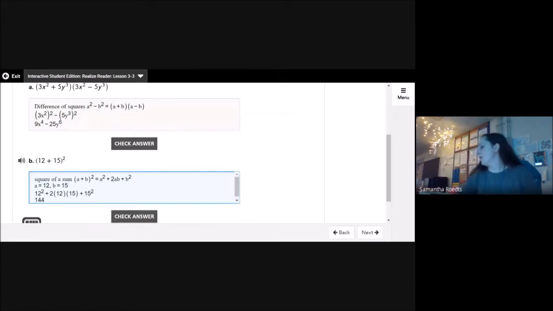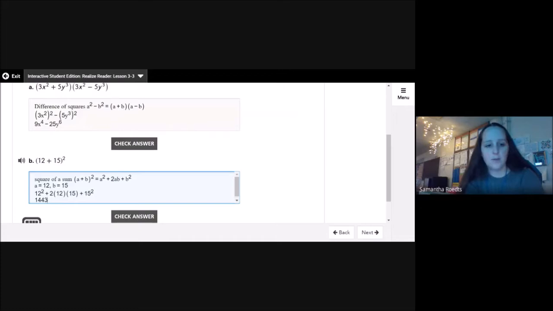12 squared is 144. Two times 12 times 15 is 360. And then 15 squared is 225.